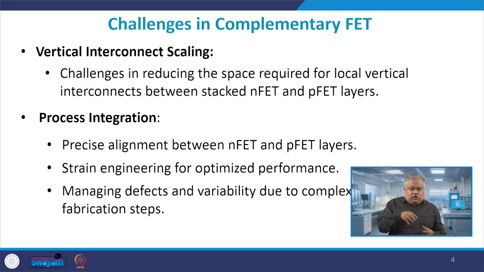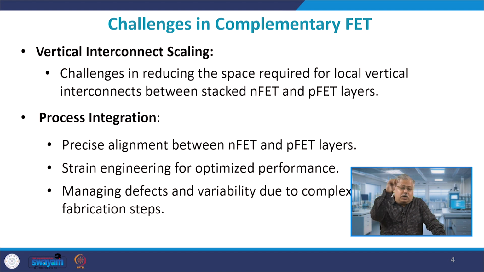Now, if your stacking height is very large, there will be structural, obviously, instability, but then also the capacitance values become large. So, you need to understand that when you grow an NMOS and PMOS, the pitch between the two layers, if you are doing a nanosheet design, should be so small that this should be stacked very easily one on the top of another. And therefore, that will help in reducing the space required for local vertical interconnect.